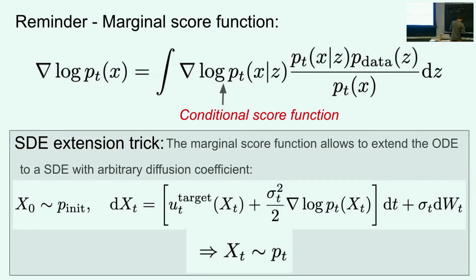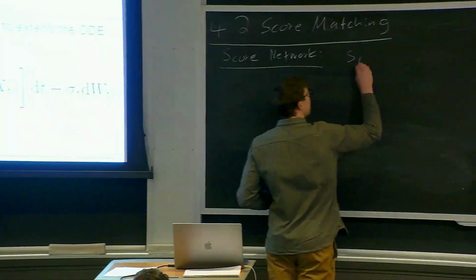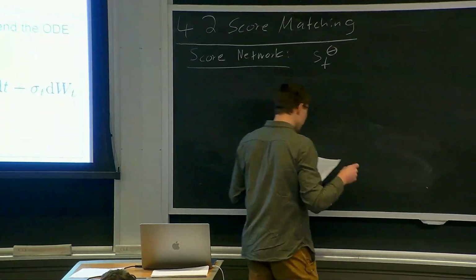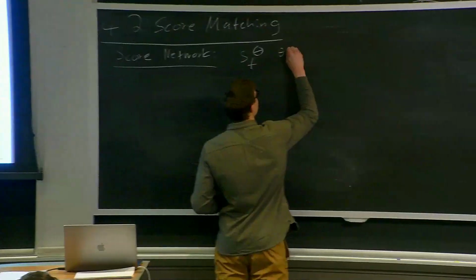So what do we do? If we want to simulate an SDE like this, I've just shown you an algorithm to train this object. Let's learn this object. We have a score network, s_t^theta, where theta are the parameters again.